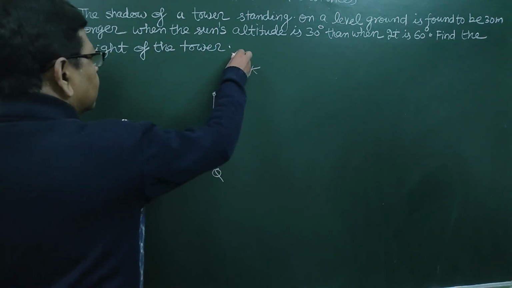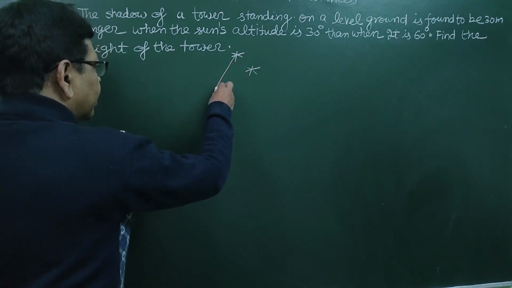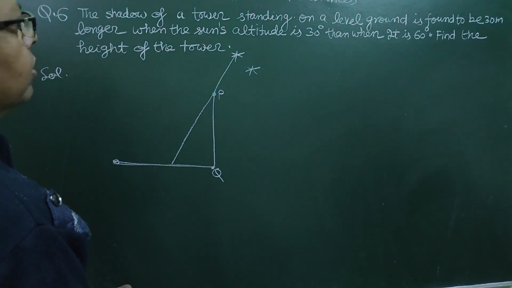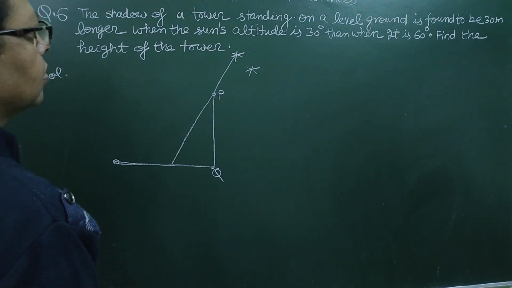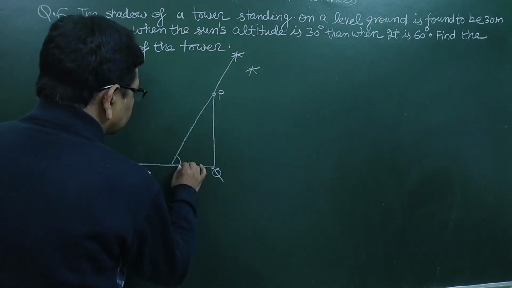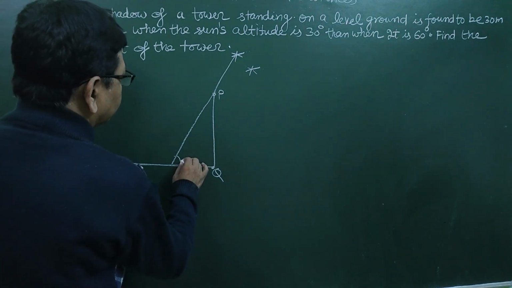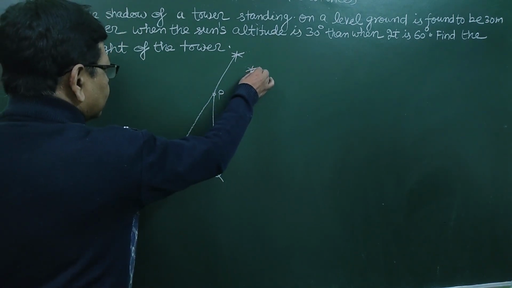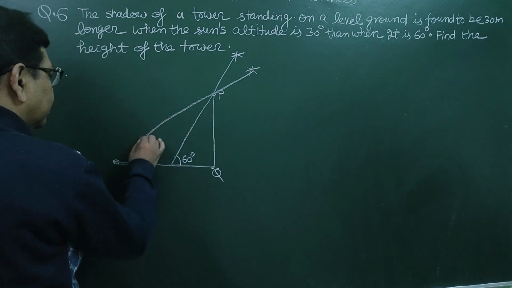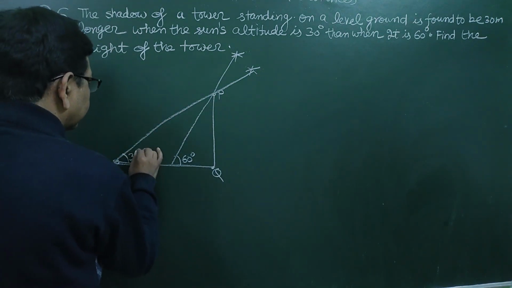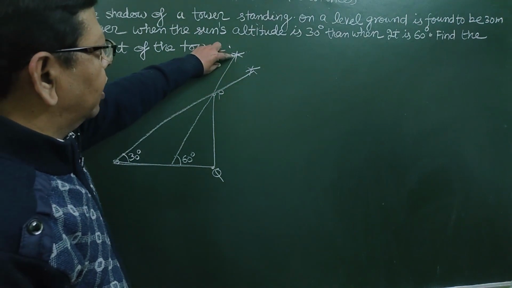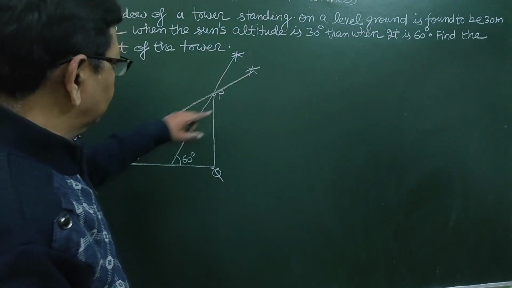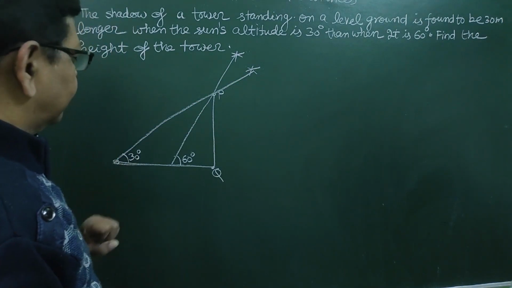In the first case it has an angle of elevation 30 degree, in the other it has an angle of elevation of 60 degree. When the sun is at this position, the angle is 30 degree. Means when it is at a higher altitude, then the angle of elevation is also more. Lower altitude, angle of elevation is less.